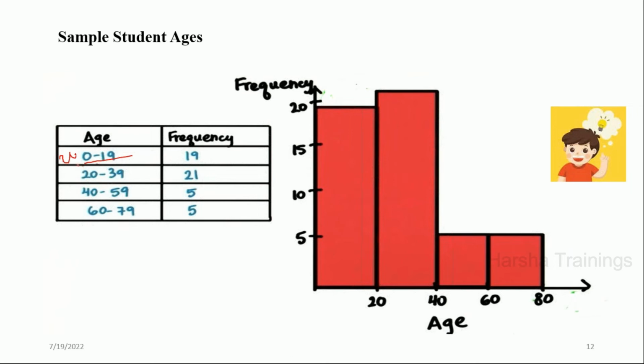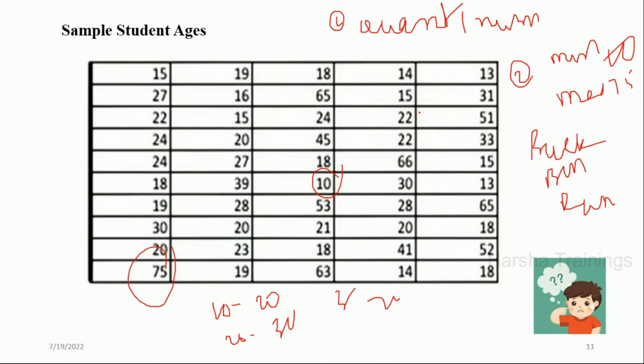You can take buckets of size 5, size 10, or size 20. For example, if I take a bucket of 0 to 5, the numbers which fall between 0 to 5, I will take their frequency. Then 5 to 10. Like this, I am going to calculate it.